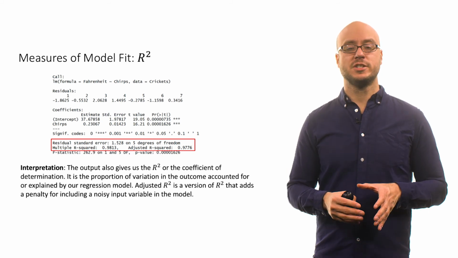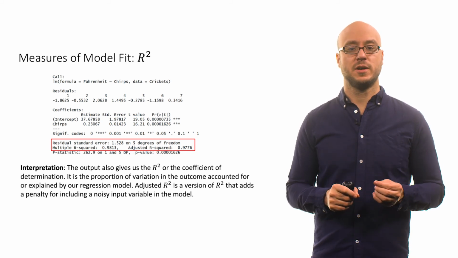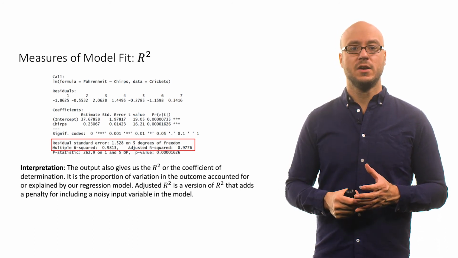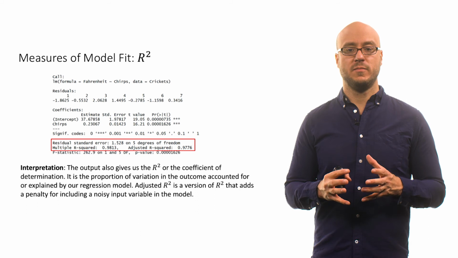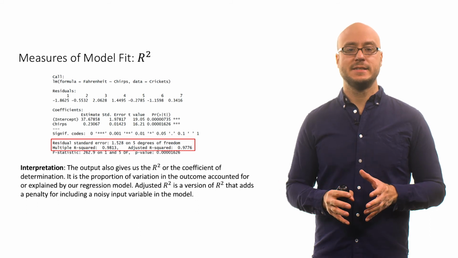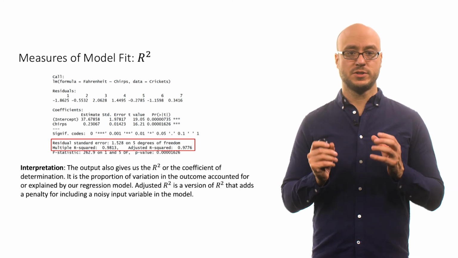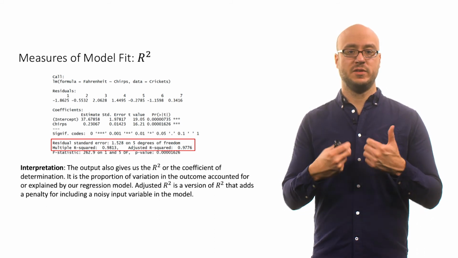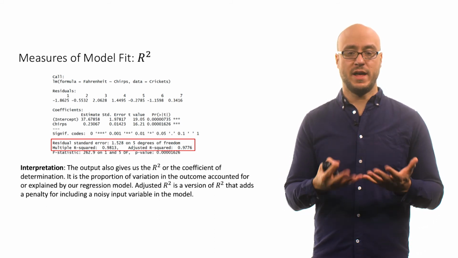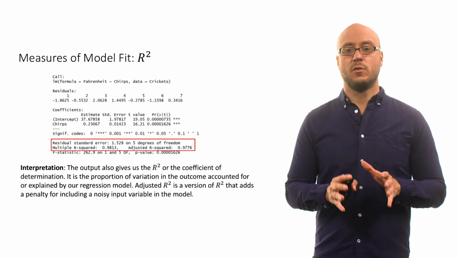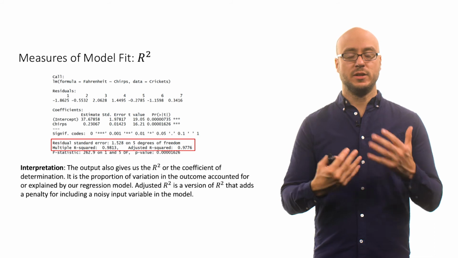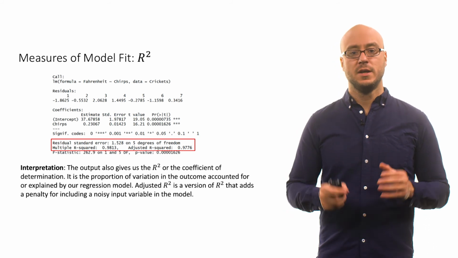Adjusted r squared is just a slightly different version of r squared that adds a penalty, or sometimes called a correction factor, for including a noisy input into the model. The basic idea is that sometimes you can include junk variables into a regression model, and the r squared will increase regardless, even though these variables aren't adding much predictive value to that model. Therefore, sometimes people like to report adjusted r squared, which penalizes including these kinds of noisy variables.